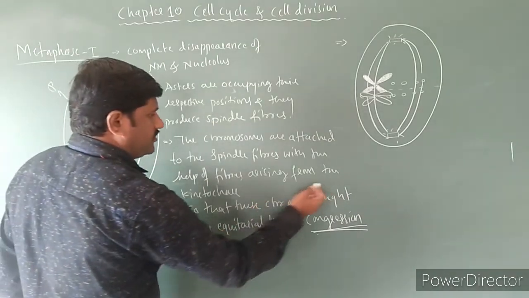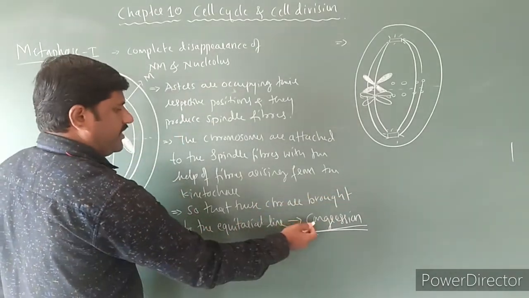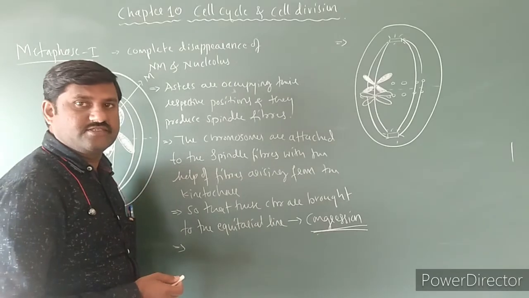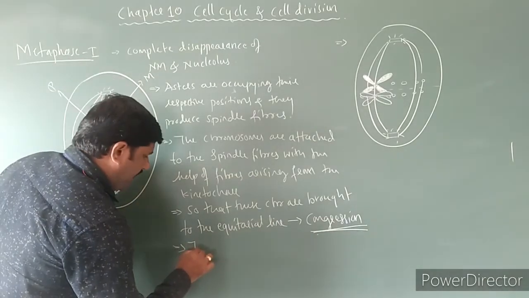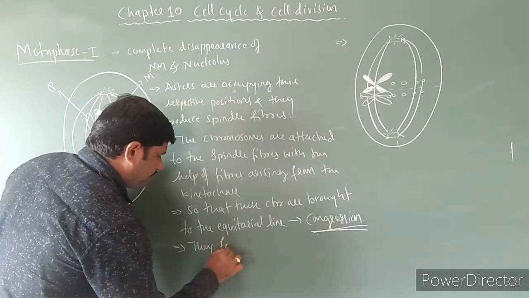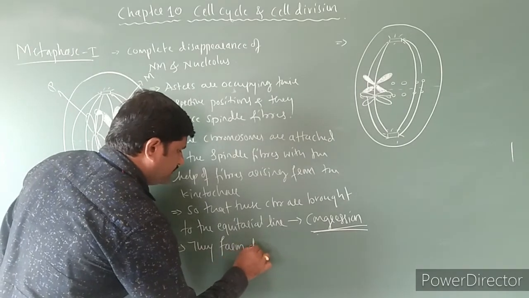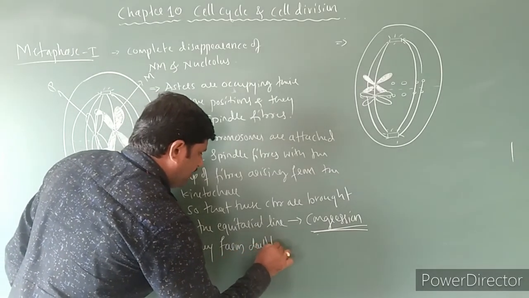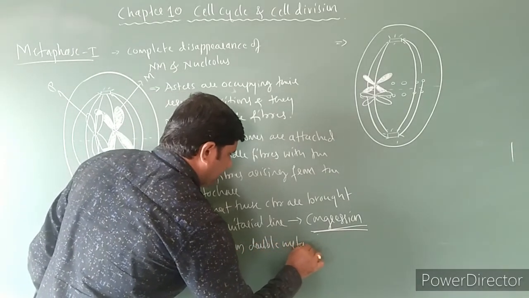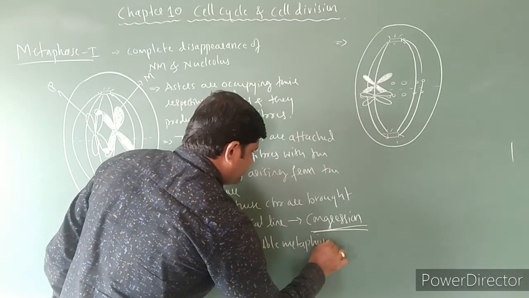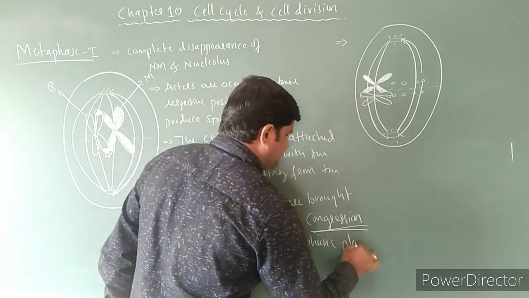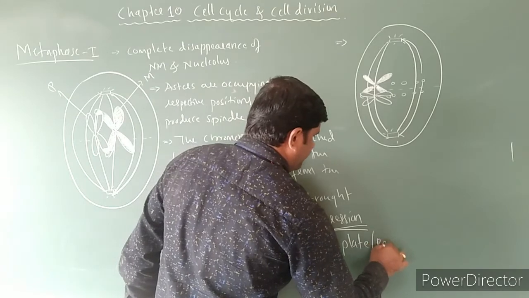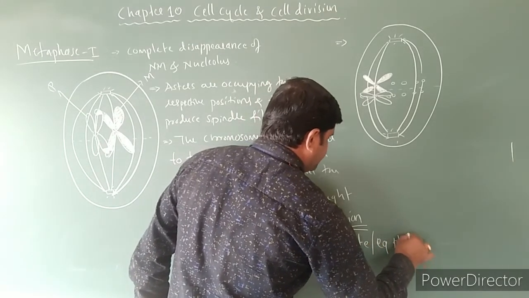When the chromosomes are brought to the equatorial line, that process is called compression, and they form a double metaphasic plate or equatorial plate.